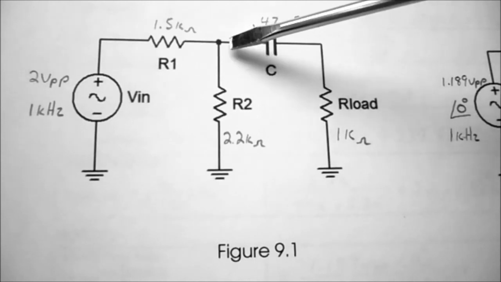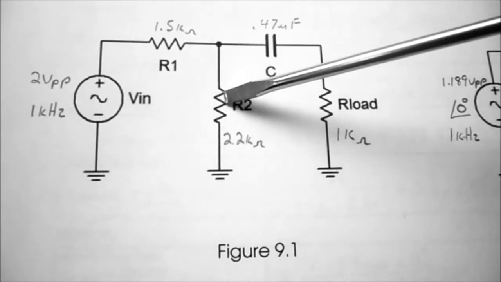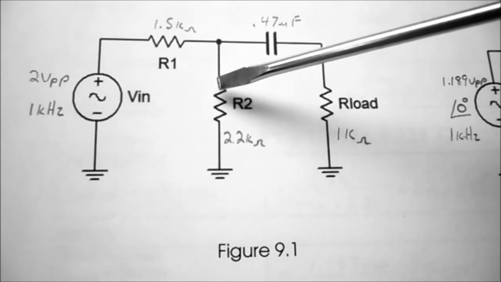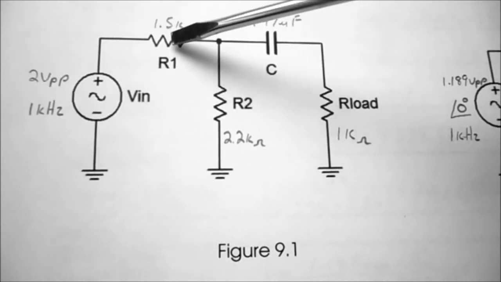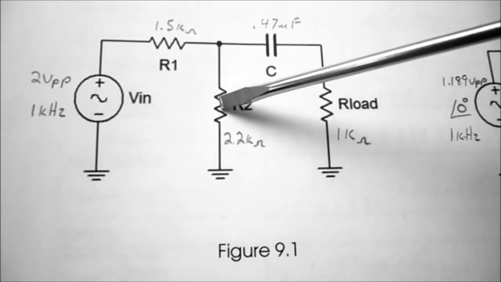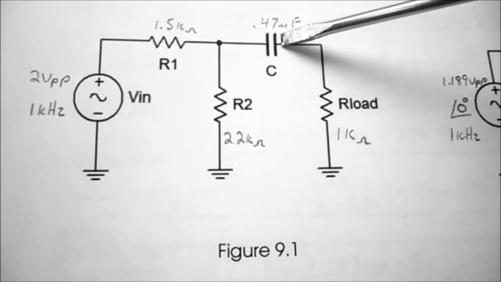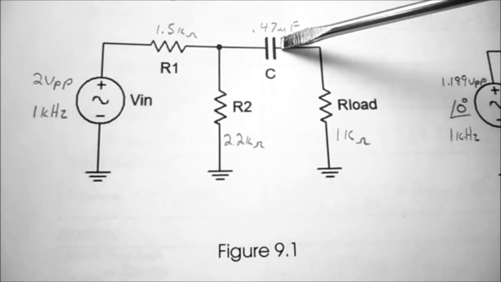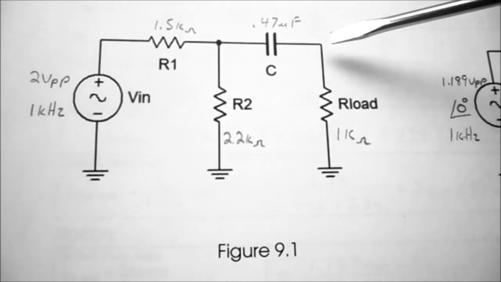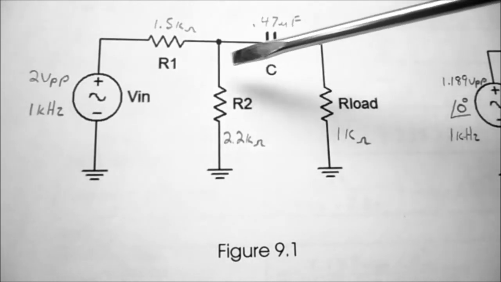And then we're going to see R1 in parallel with R2. So I think the first step will be to calculate R1 in parallel with R2. Then we'll add XC, which will give us a phase angle. And that will give us our Thevenin's impedance looking back into the circuit.